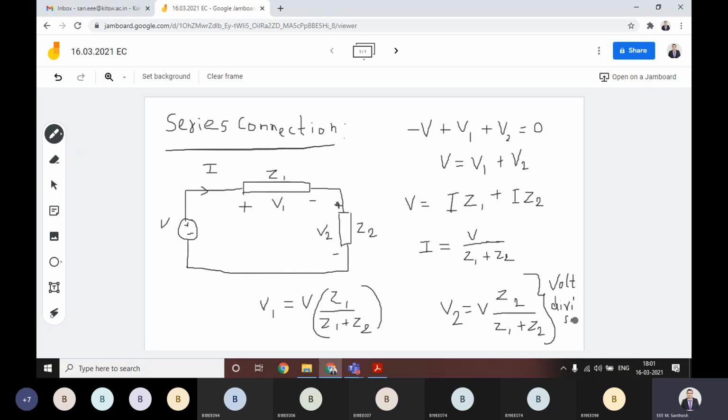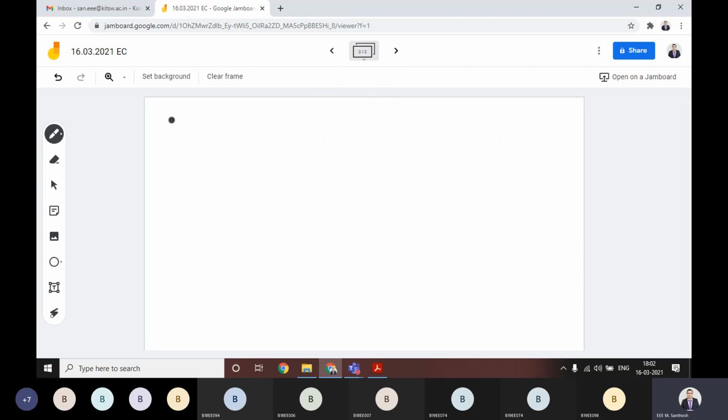Okay. Then, if you look closer here, suppose Z is equal to R, Z1 is equal to R1, and Z2 is equal to R2. You have calculated previously Z equivalent: both are in series, so Z1 plus Z2.